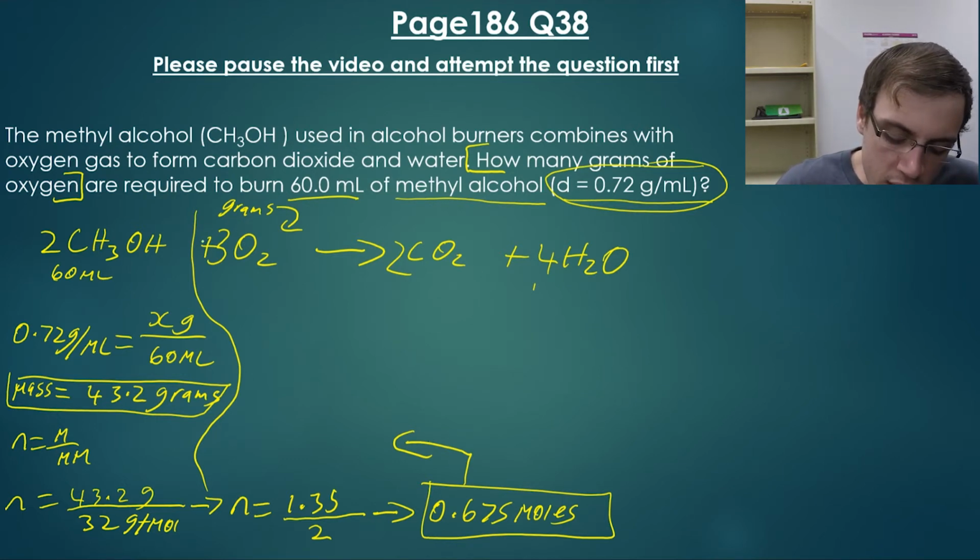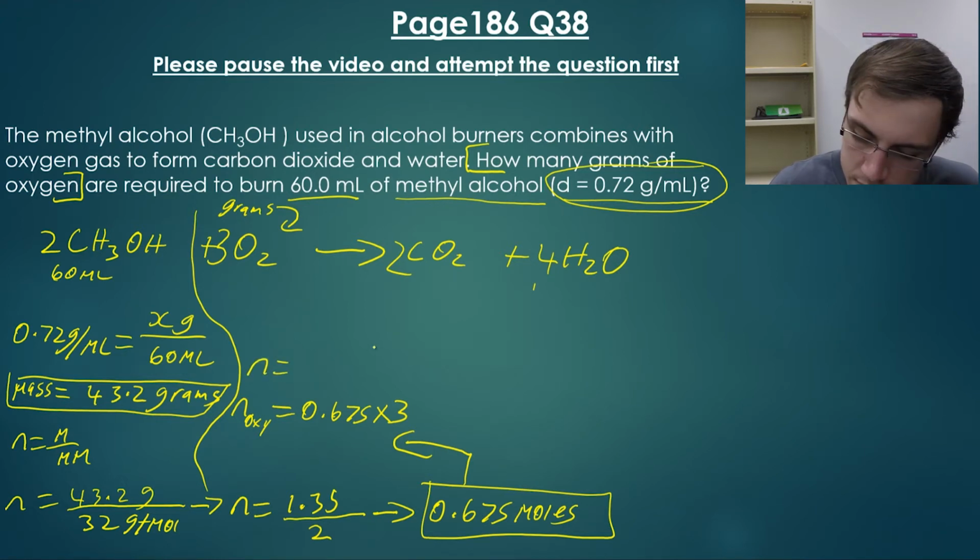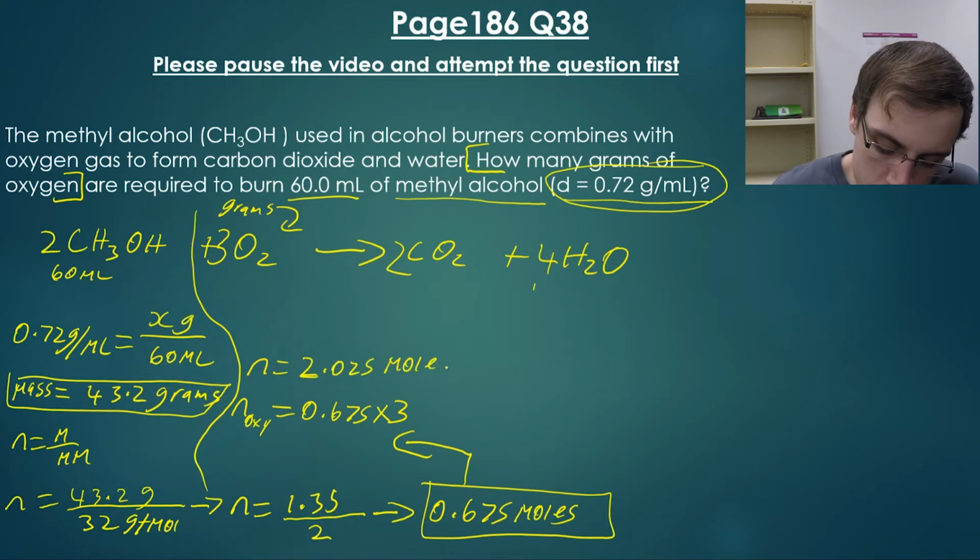So we can see here that the coefficient for oxygen is 3. So the moles of oxygen is equal to 0.675 times 3. And that's going to give us 2.025 moles.